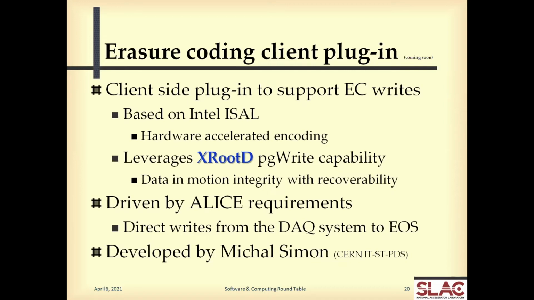It is driven by ALICE requirements, where they need the performance from the DAQ system to write to the file system, in this case EOS. They need to write erasure encoded stripes directly into the file system as opposed to doing one additional hop. That was developed by Michal Simon.